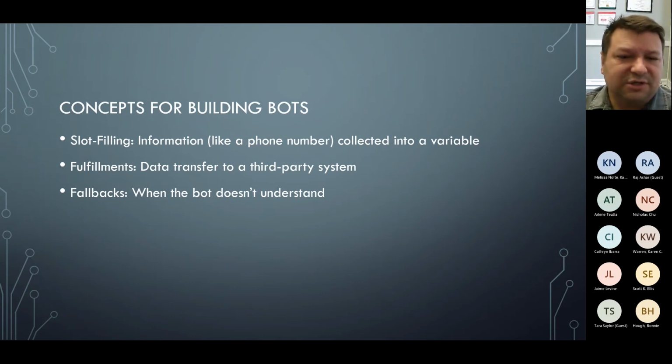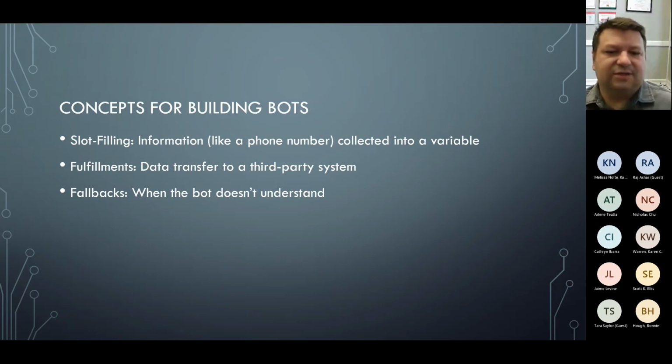Fulfillment is what Google calls it. Other platforms call it different things, but basically, if you want some information about where somebody is in a conversation, maybe the information that's been collected, to be sent out to a third-party computer system for further processing, you would set it up with a fulfillment.